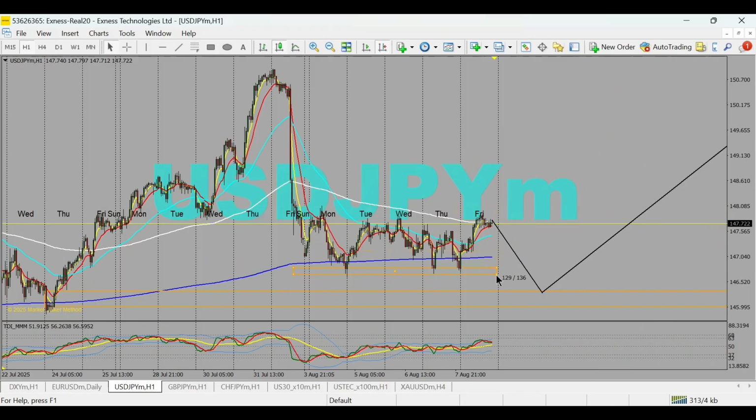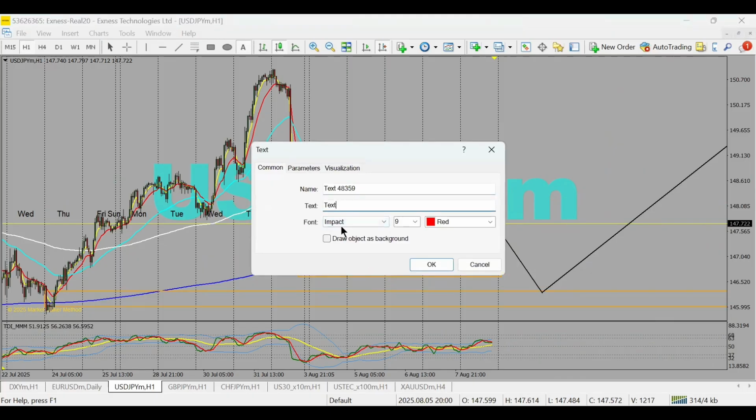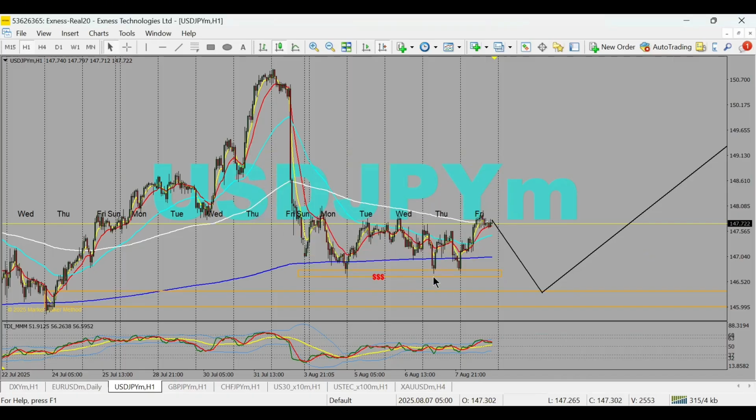There's a lot of trapped liquidity down here. So the dealer has to clear all that liquidity before they move. So this resting liquidity has to be taken out before the dealer moves price in the intended direction. Okay, so there's resting liquidity down there.